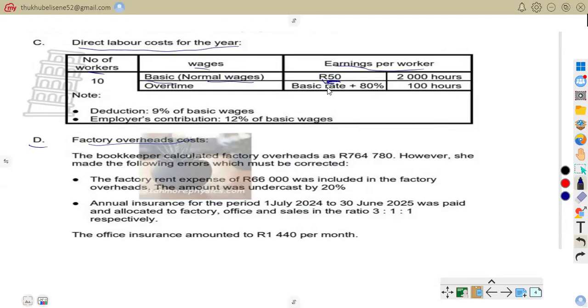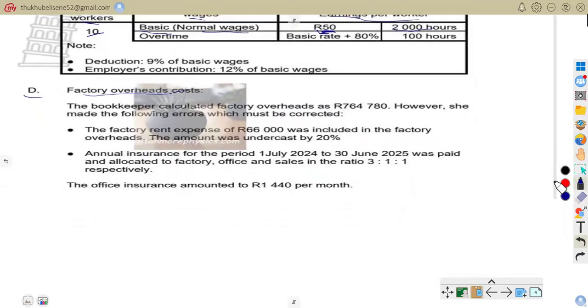Each worker works how much? 2,000 hours. How many workers do we have? We have 10 workers. Let us get this straight, good people.